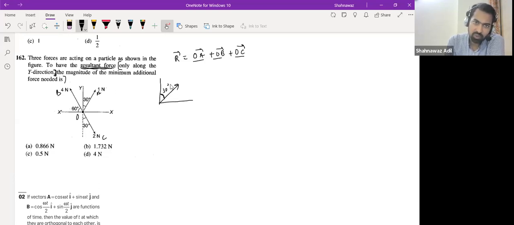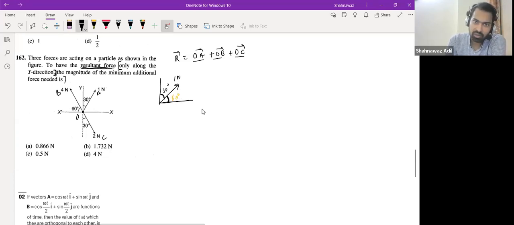But we have to make the angle with the horizontal. So this would be how much? This is 30, so this would be 60. Absolutely correct. This is 60 degrees.